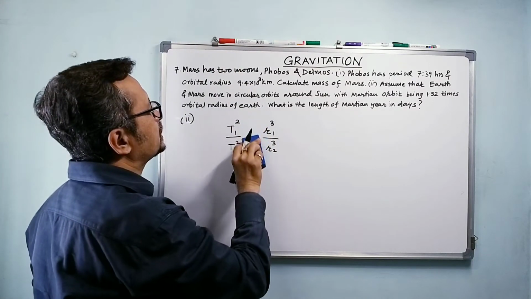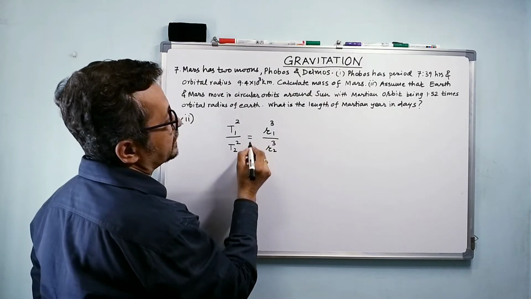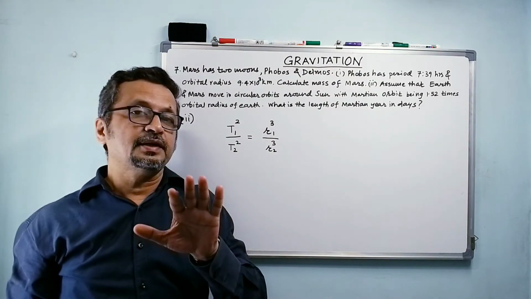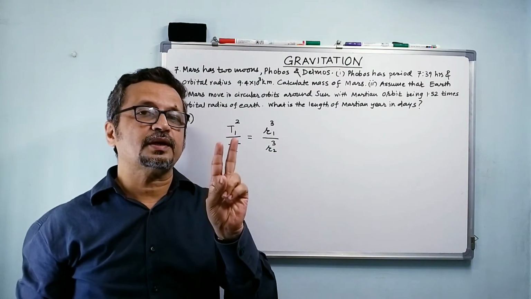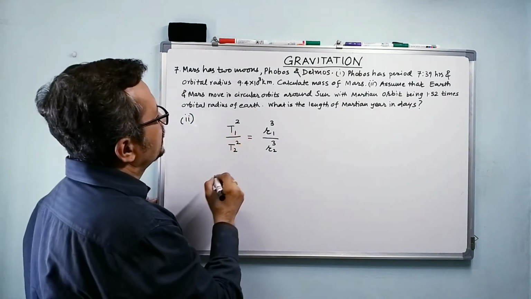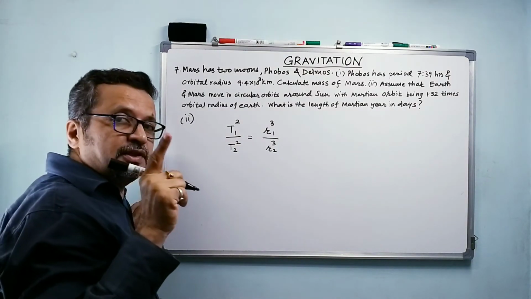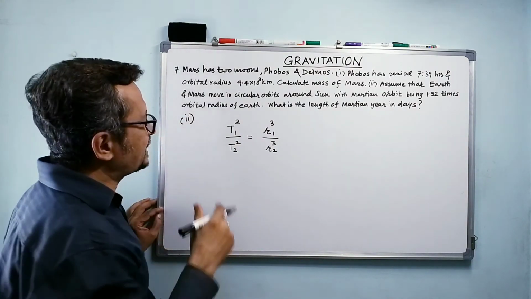These two proportionality signs will go and I'll have an equal sign, because the constant of proportionality in both cases is 4 pi square upon GM, which is constant. And in that, M is the mass of the Sun. So it is anyway going to get cancelled.